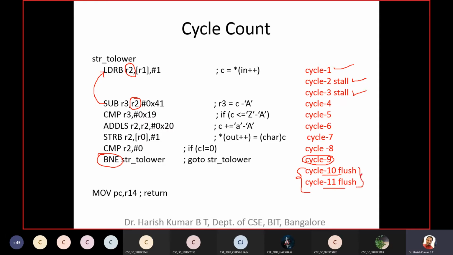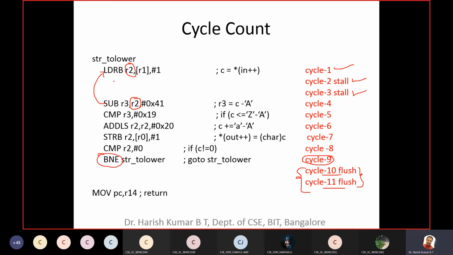Both of these you can write as flushing itself. So only one cycle is useful, that is computing the address. The other cycles, 10 and 11, are wasted cycles used to flush the pipeline and load the target instruction.